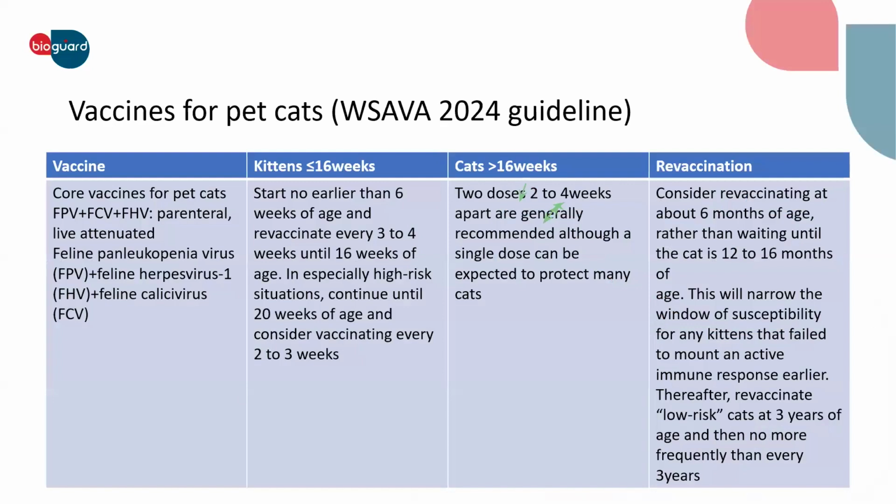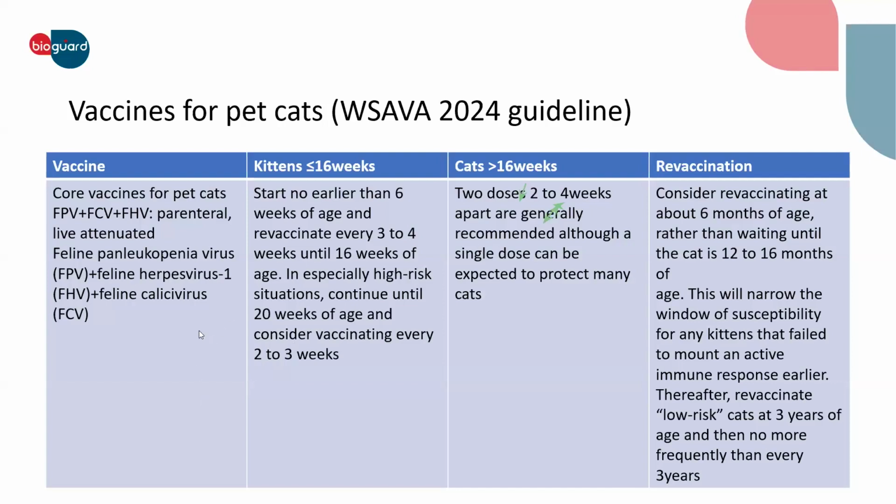So here we check the vaccination guideline from WSAVA 2024 for cats. We just introduced the core vaccines, including FPV, FCV, the feline parvovirus and feline herpesvirus.